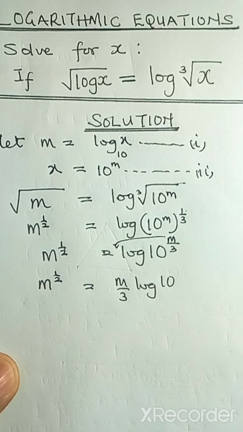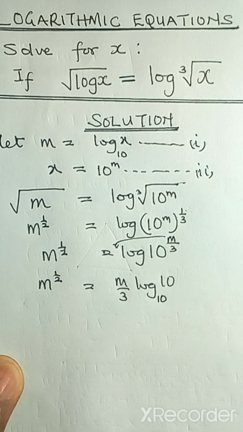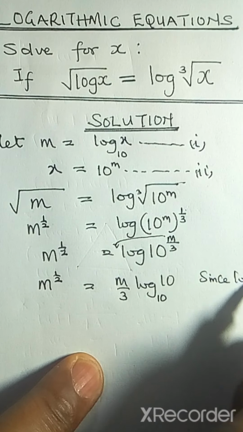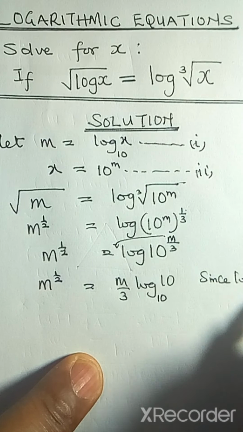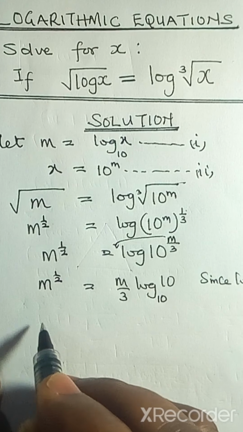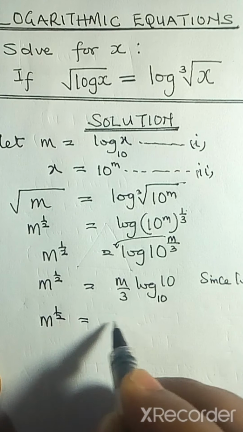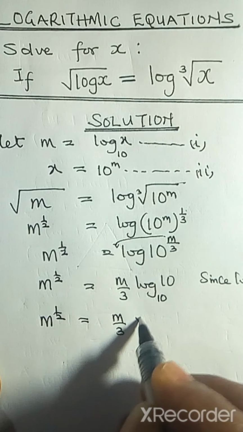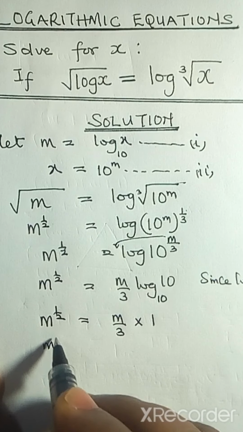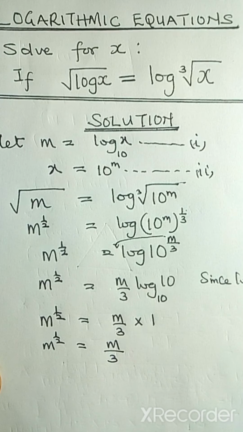Now we know that the base we have here is 10, and log 10 base 10 is always equal to 1, so what we have here is 1. So eventually we'll have m power 1 over 2 equals m over 3 times 1, which is the same thing as m power 1 over 2 equals m over 3.